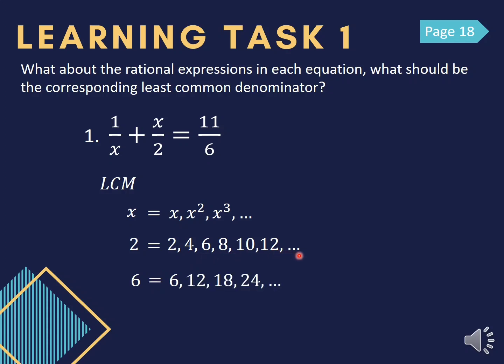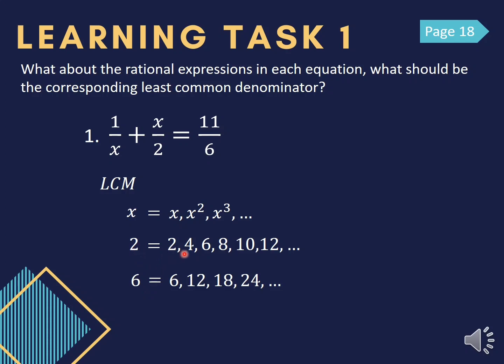While the multiples of 6 are 6, 12, 18, 24, and so on and so forth. Now, if you noticed, we have two numbers, 2 and 6. In this case, we can find their common multiples.